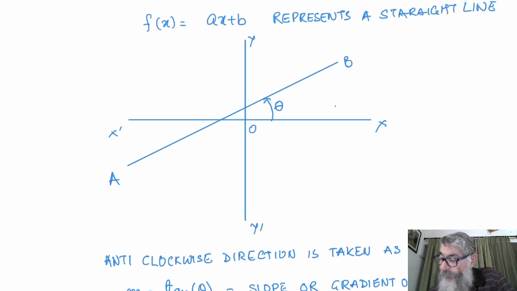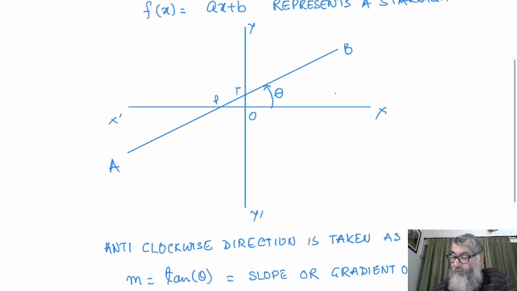Now if I name some other things, like this point P and this point T. OT is the intercept cut by the straight line AB on the y-axis.